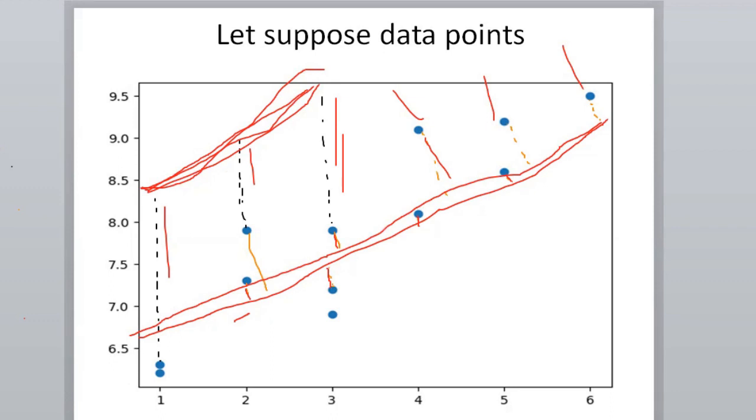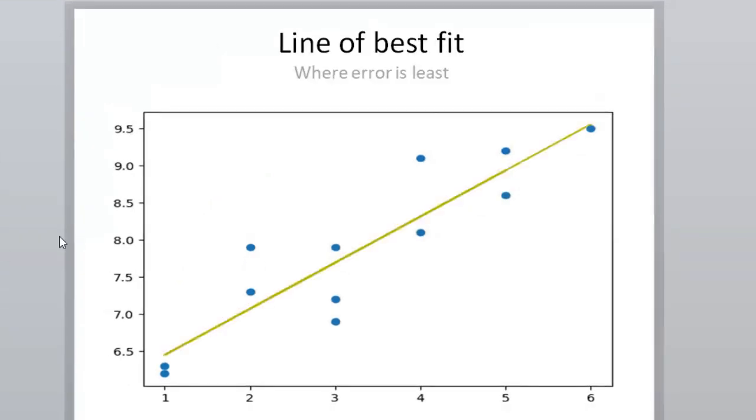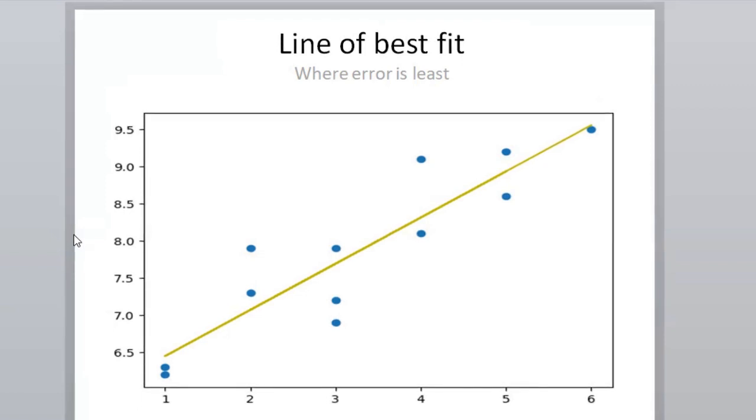For now, I am removing all the annotations I have drawn here, and I will show you how Python has drawn the best fit line. On the same dataset, here is the best fit line that is drawn by Python. I hope this is making good sense, and Python has selected this line.